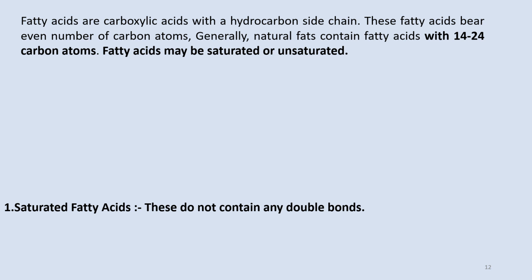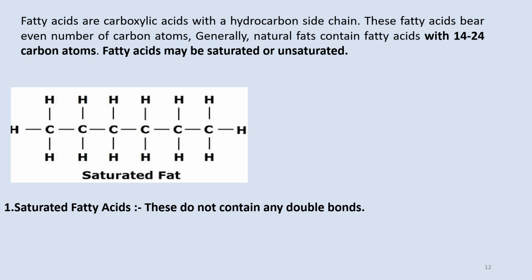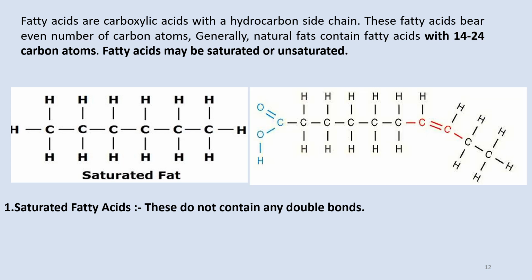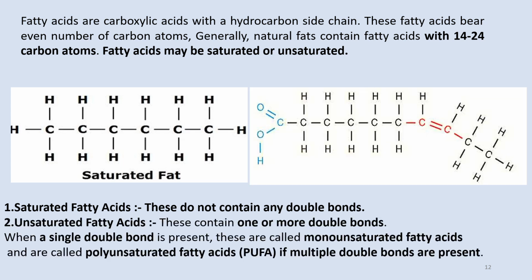Saturated means they do not contain any double bond, as shown in the picture. They are all single bonds. When we come to unsaturation, you can see the double bond system will be there. Saturated means sigma bond, unsaturated means pi bond. I just mistakenly said saturated fatty acids have pi bond. Saturated fatty acids have strong sigma bonds; there will not be any pi bond or double bond.